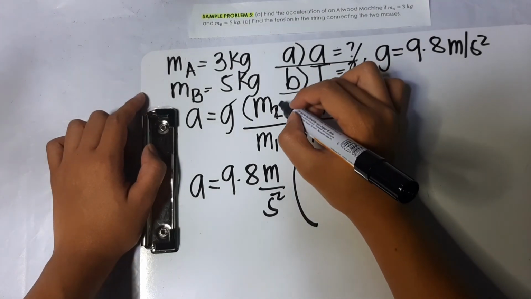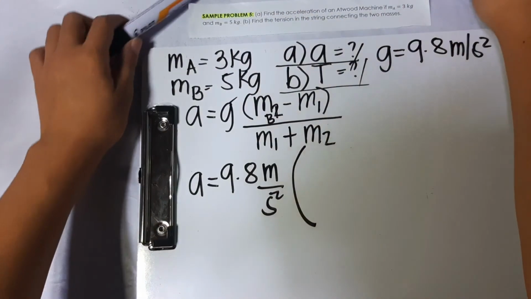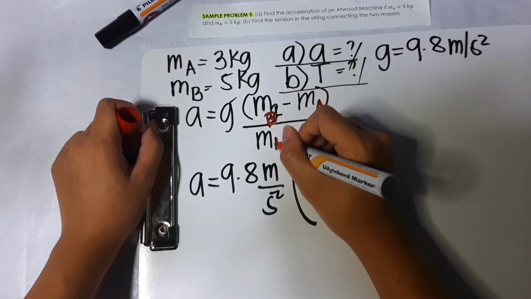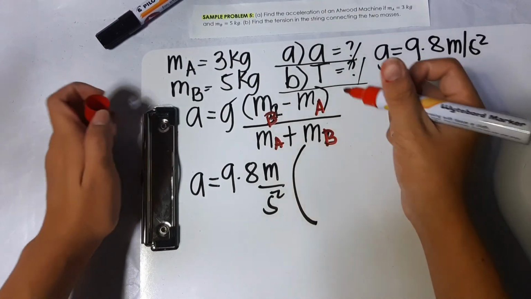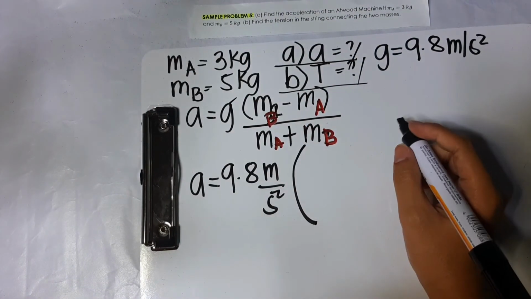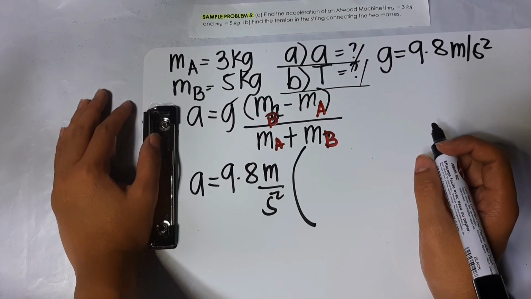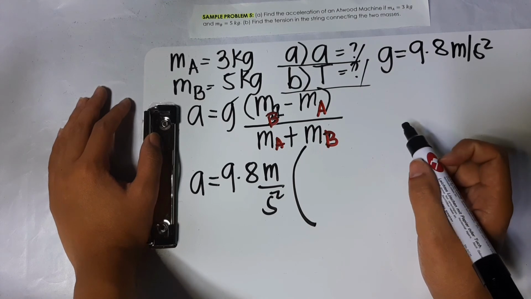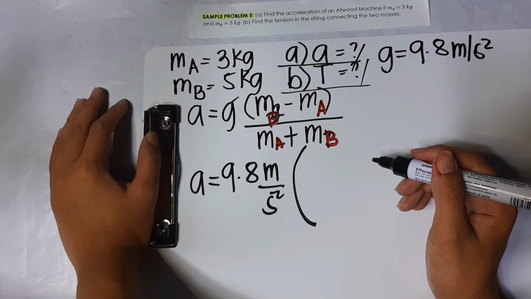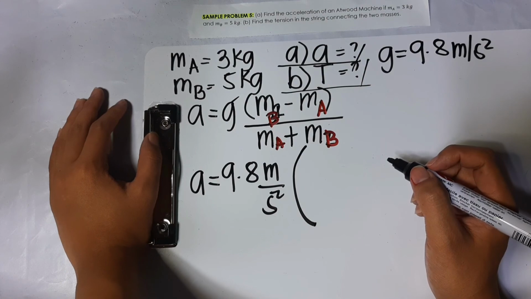Let's name this one B, so we don't get confused. The value of our B is 5 kilograms, but we need to convert that to grams.